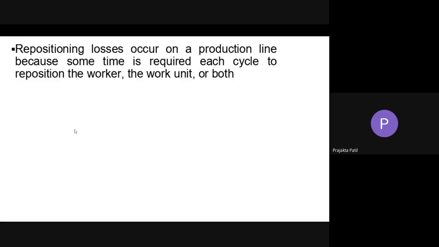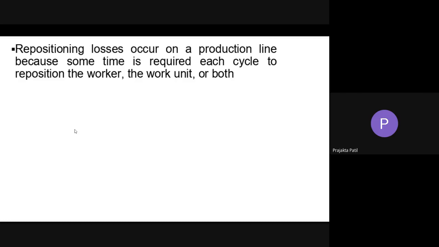So the time is required for the worker to walk from the unit just completed to the upstream unit entering the station. In other conveyorized systems, time is required to move the work units from the conveyor and position them at the station for the worker to perform the task.